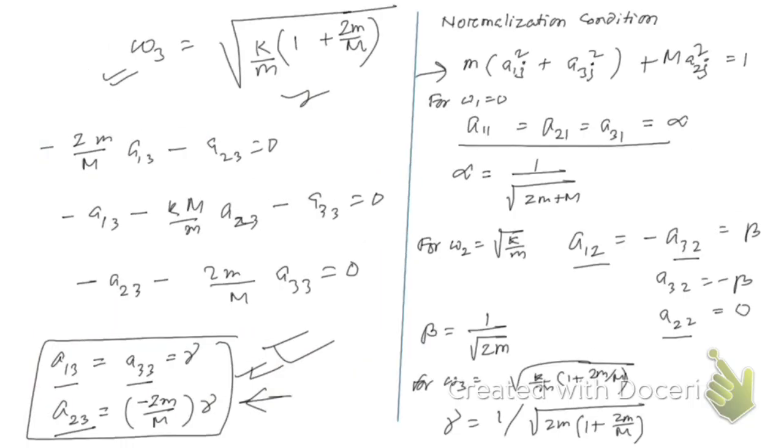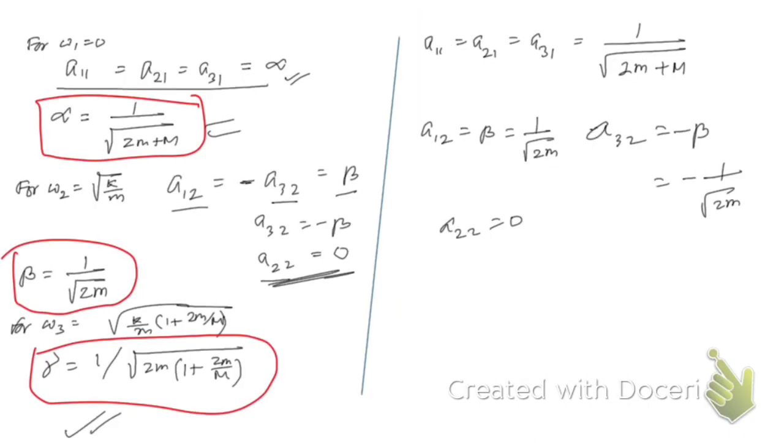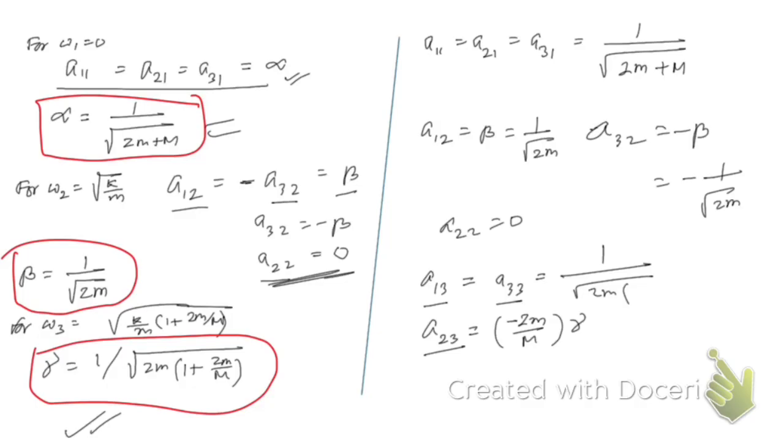Then again we have got gamma is equal to this, and let me go back to the previous slide. So here you see these are the values of a13, 23 and a33. Let me copy this. So here you see we have got gamma is equal to 1 by root over twice m 1 plus 2 small m by capital M. That's what we have got, right? And here you see a23.